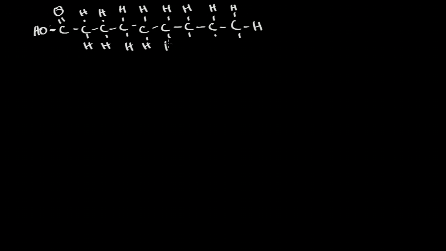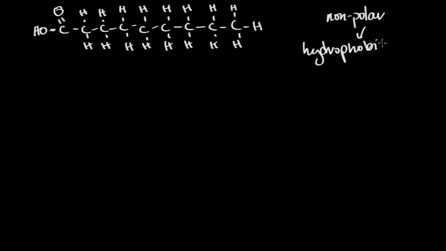Now, unlike glucose or ribose, you only see one OH here, and that OH is the thing that's going to contribute to a molecule being polar or nonpolar. Because this is just hydrogens, the electrons are distributed fairly evenly, so this would be considered a nonpolar molecule, therefore hydrophobic.